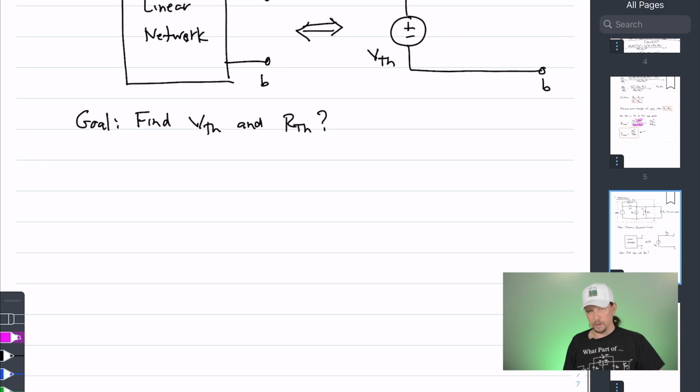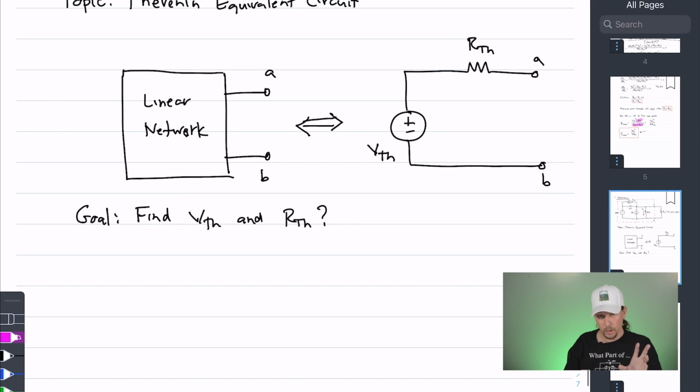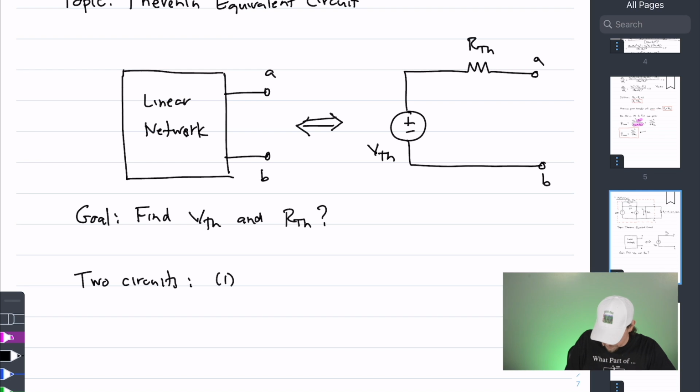Right? Now, there are multiple ways in which you can attack this problem. However, there are two common circuits that we tend to look for, because again, remember, we have access to the given linear network. There are two common circuits that we look for that will allow us to find the Thevenin voltage and the Thevenin resistance such that we can replace that linear network with the Thevenin equivalent. The first one is what we call the open circuit.